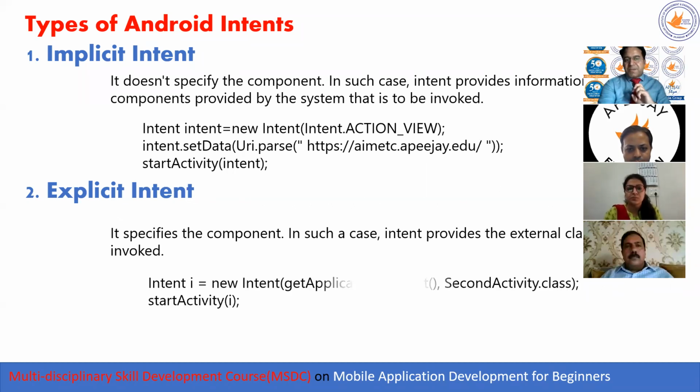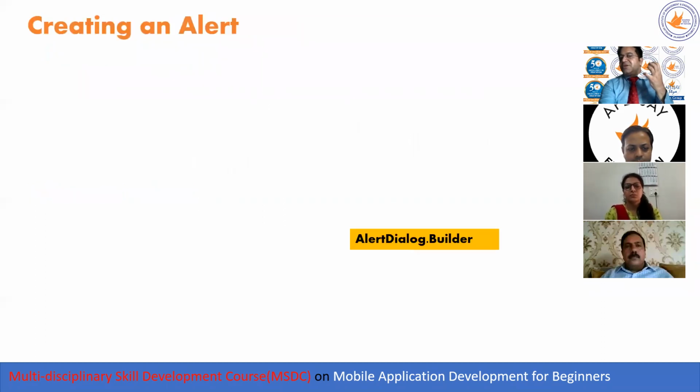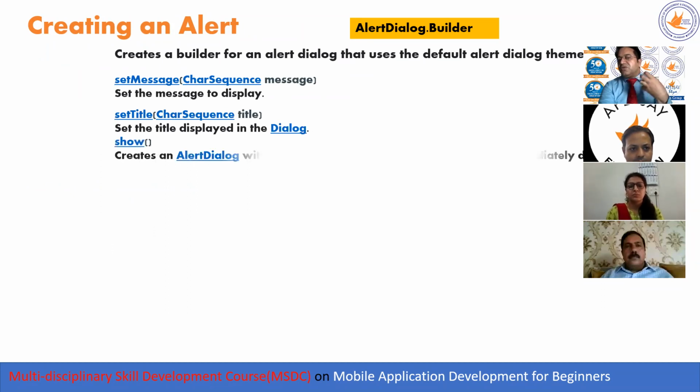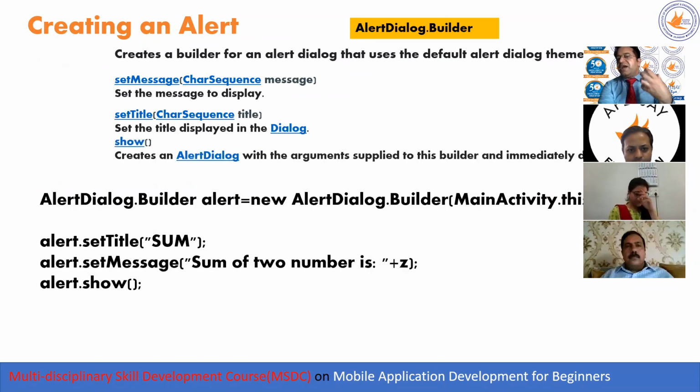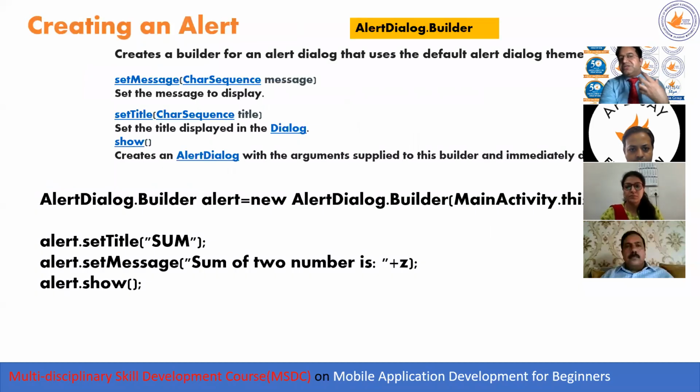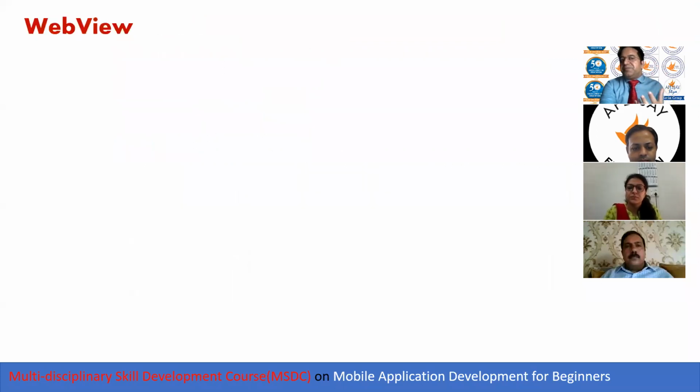The second one is that you have one activity, you click on a button and you open a second activity. That is another possibility. Similarly, we can create alert boxes to warn the user that something happened. You may use one option named Alert Builder. That is another API available in Android, and you can easily use it.